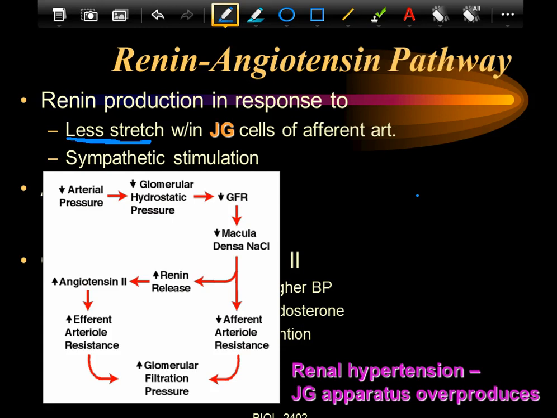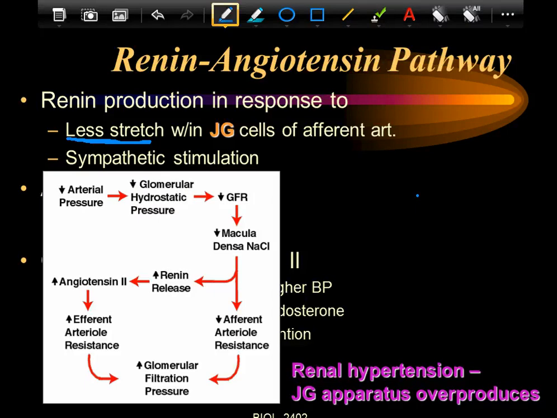So we don't want your glomerular blood pressure to go sky high if your regular pressure does. Or if your pressure drops, that could conceivably drop your glomerular hydrostatic pressure, and you wouldn't be clearing blood sufficiently. We don't want that happening.